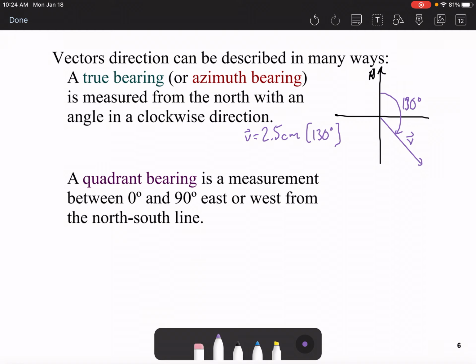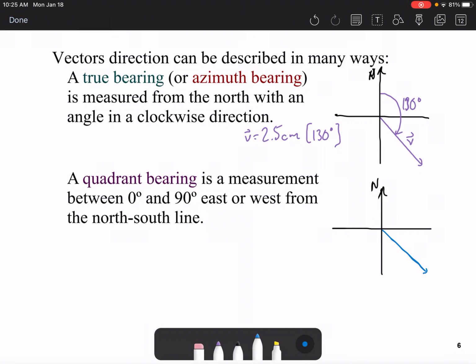You can also use what is called quadrant bearings. So let me show you an example of quadrant bearings. So again, still north. Okay, let's draw a vector in the same kind of location as we did before. I'll even draw the same size.